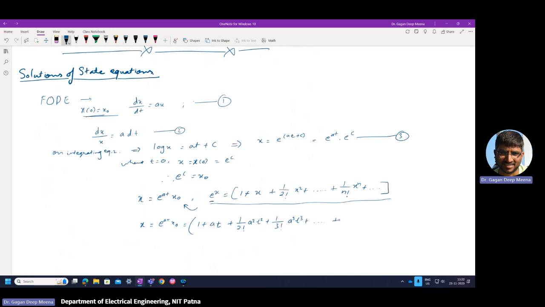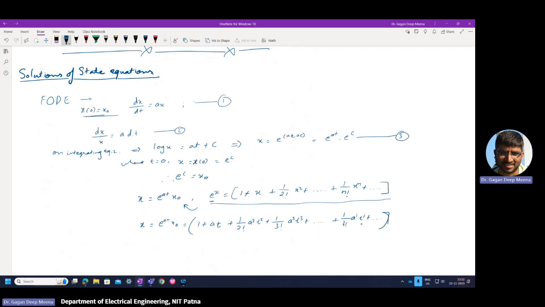The last term I can write as 1 by i factorial a to the power i t to the power i, and this can go on and on. I'm closing it here.